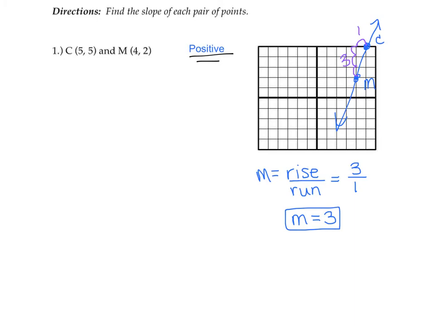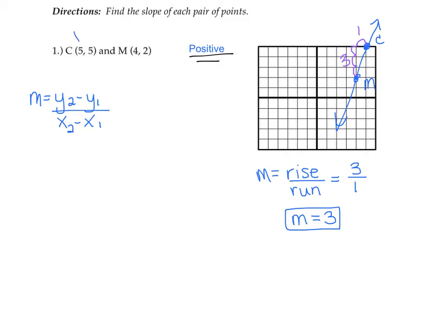Now the other formula we discussed is M equals y2 minus y1 over x2 minus x1. You use it to find your slope when you're not given a graph and you're just given coordinates. So what is y2 and y1 and x2 and x1? If you look here, your first coordinate C is 5, 5.